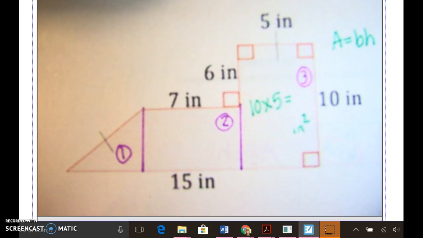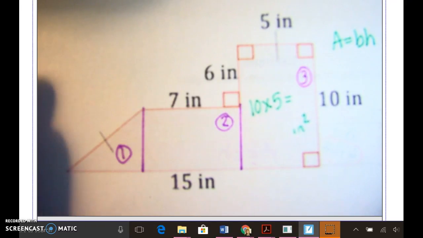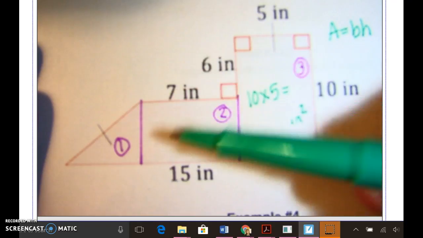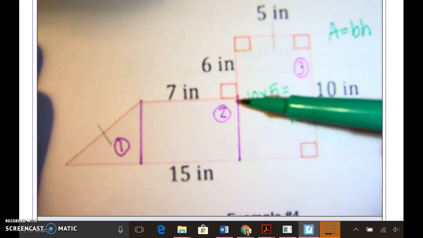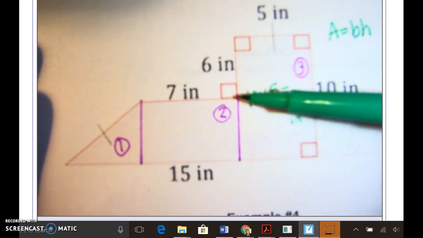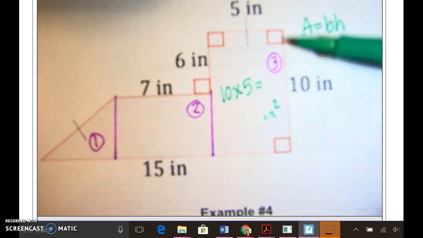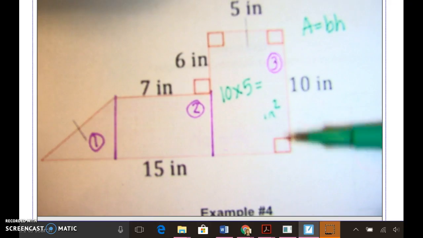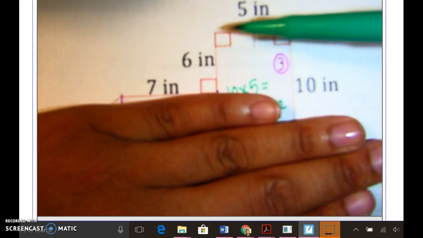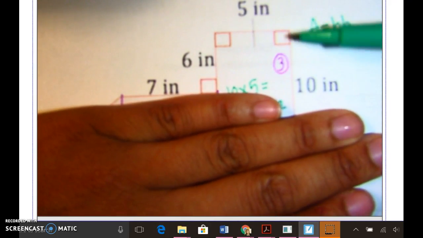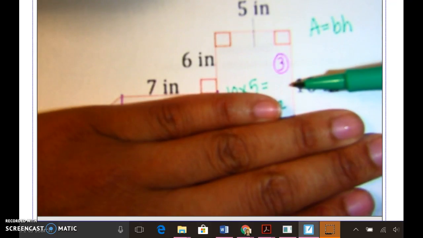So here's the part where I have to use the information they give me and deduce what's going on. So I know this part is 7 because this part is 7. How long is this part? Well, this whole side going up and down is 10. And this part of that side would be 6.